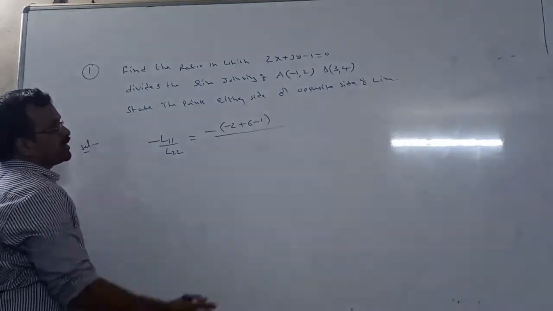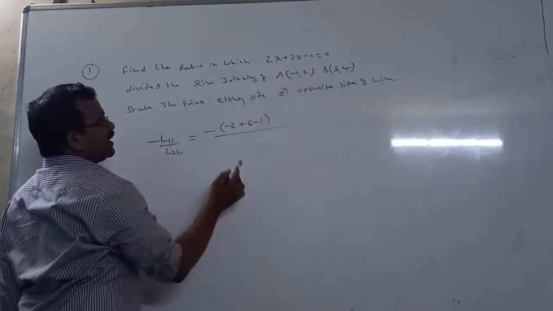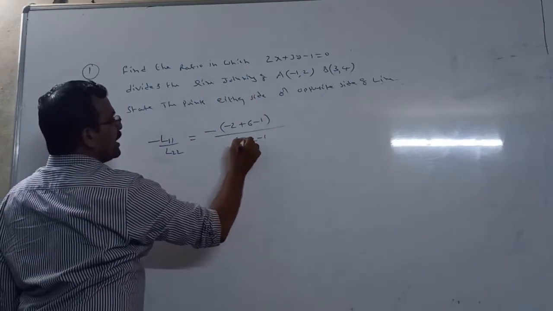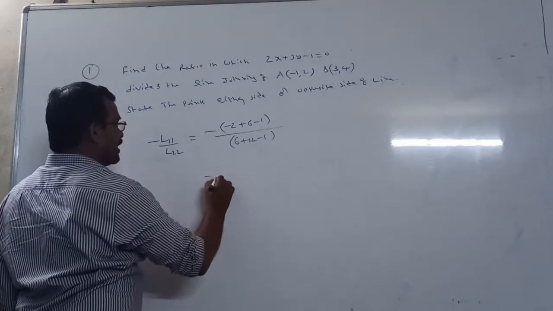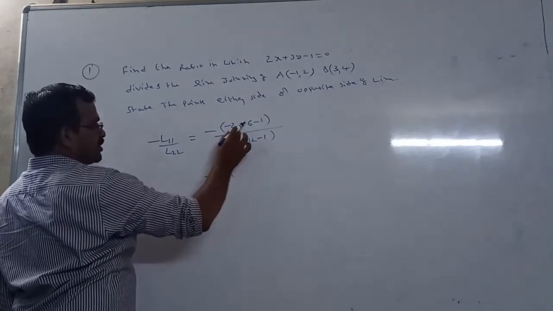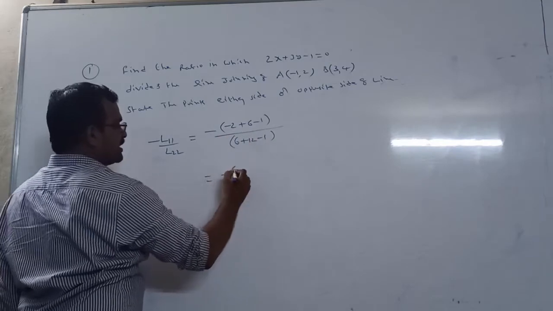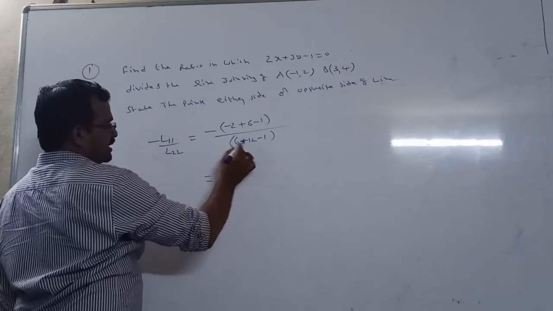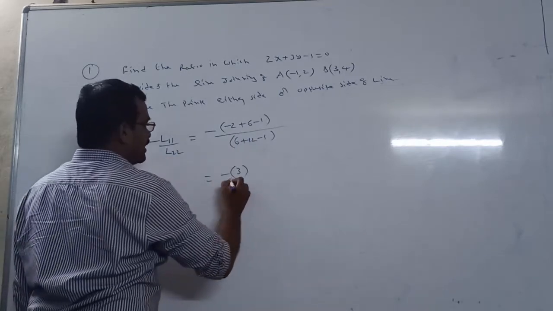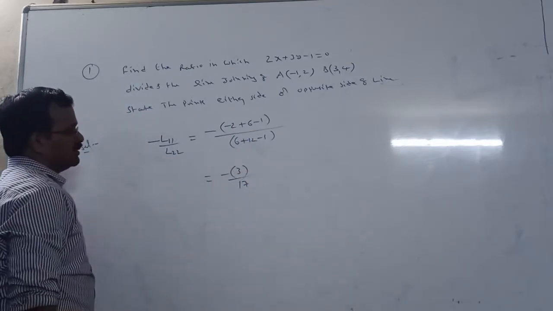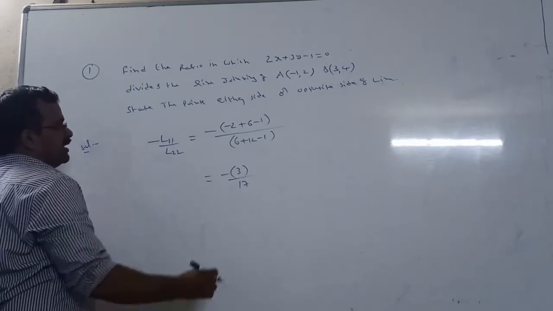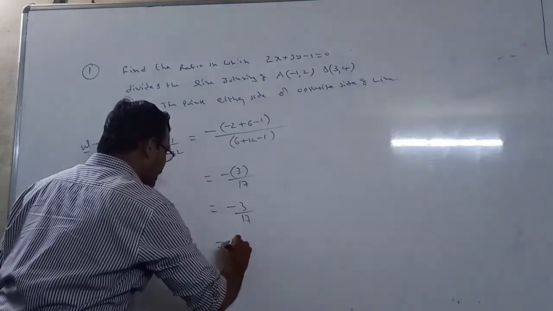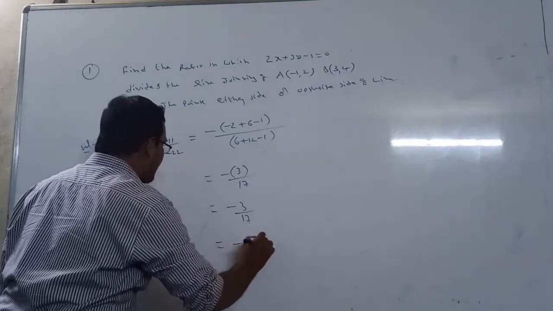L22 means the second point substituted: 2 times 3 is 6, 3 times 4 is 12, minus 1. So calculate: minus 2 minus 1, 6 minus 3, that is 3 plus 3. Denominator 6 plus 12, 18 minus 1, 17. So this is minus 3 by 17, which is minus 3 is to 17.